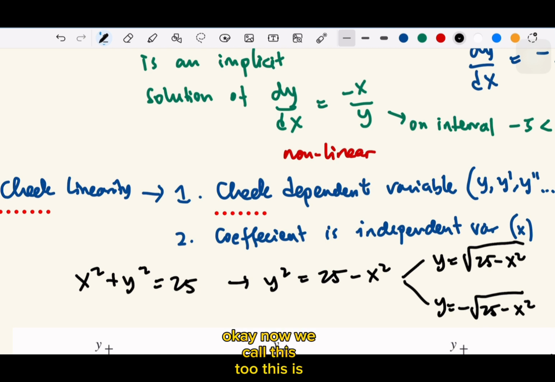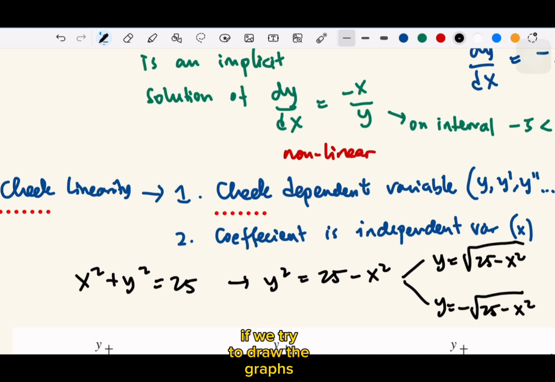Now we call these two explicit solutions. This one is an implicit solution, which means the form is not y equals something, but has a more complicated structure in the solution, and we call this the implicit solution.